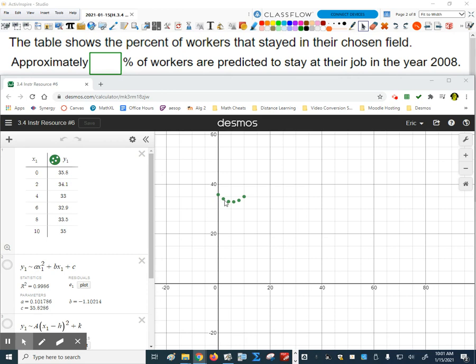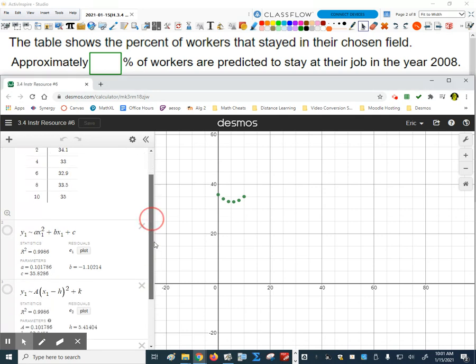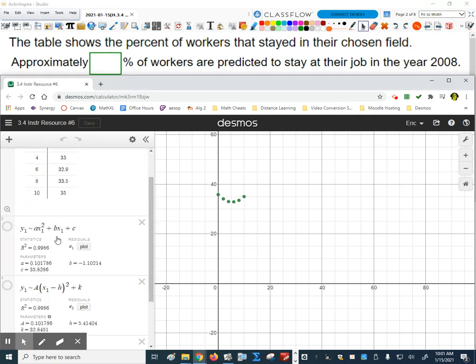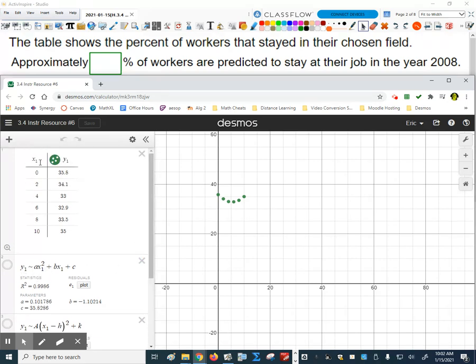So instead of a best fit line, we want to do a best fit parabola, right? And we can do that using any form we want to. We set this up, our column of independent or input variables we called x1, the output values we called y1.